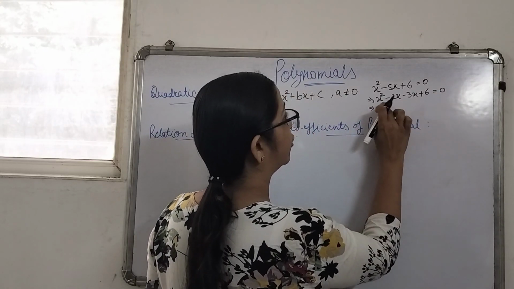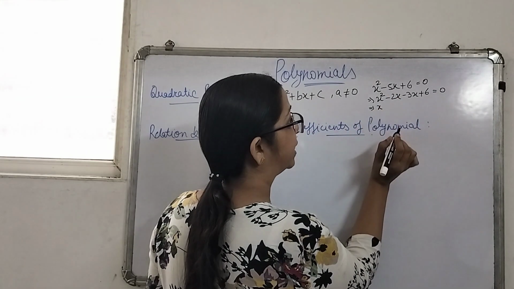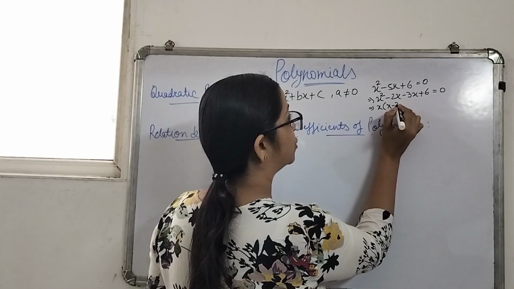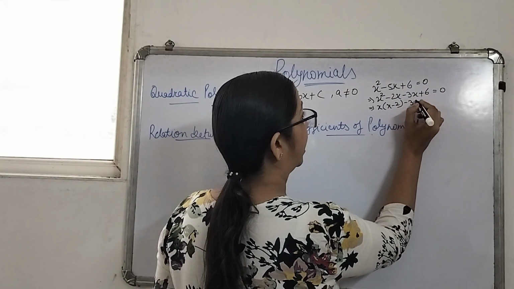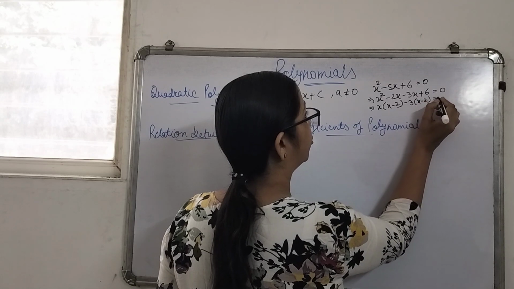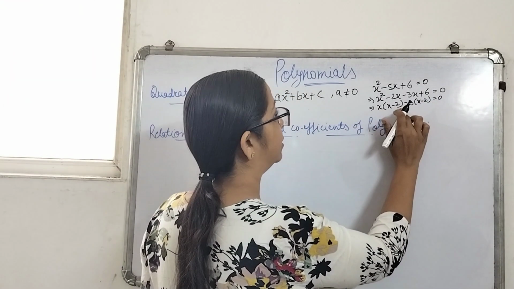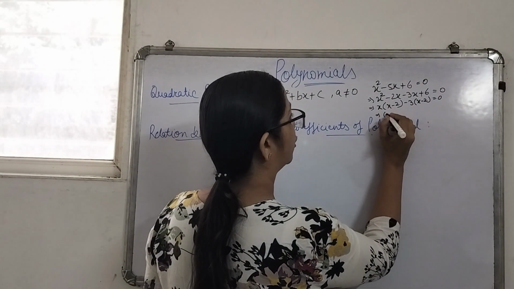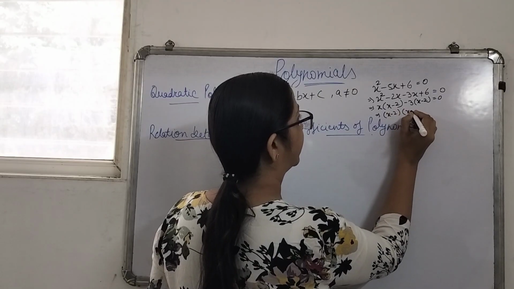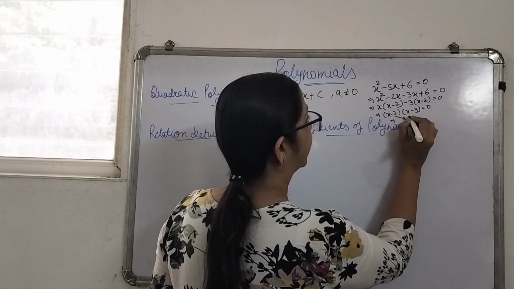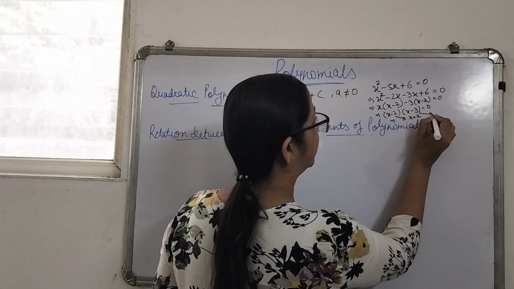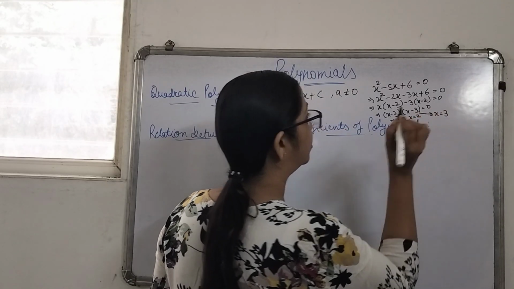From the first two terms x could be taken common, giving x minus 2, and from the last two terms minus 3 could be taken common, giving x minus 2 equal to 0. From here x minus 2 could be taken common and x minus 3 equal to 0, so x equals 2, or x equals 3.